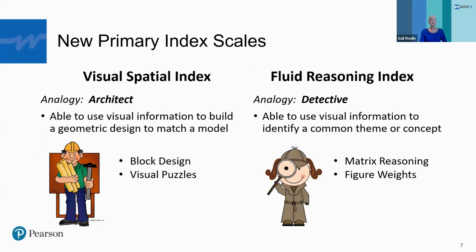To help you a little bit in getting used to these new primary index scales, we have these 2 nice little cartoons and descriptions that tell us about the 2 new index scales. And these are thanks to our good friend Jim Holdneck. In thinking about the visuospatial index, the analogy is this requires the skills that it takes to be a good architect.